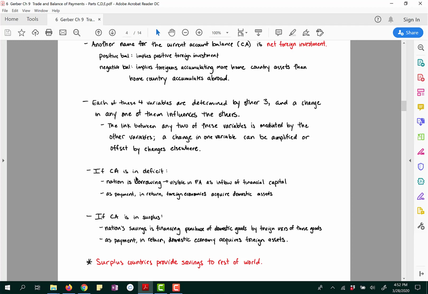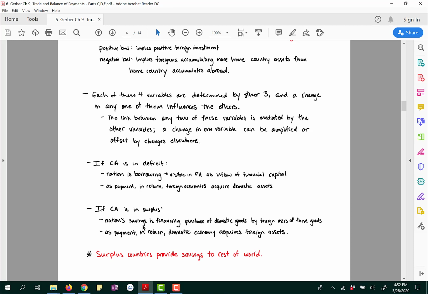But we often discuss a current account deficit in terms of a deficit nation being a net borrower. And a nation with a current account surplus is a net saver, and that savings is financing the purchase of domestic goods by foreign users of those goods. As payment in return, those economies acquire foreign assets.